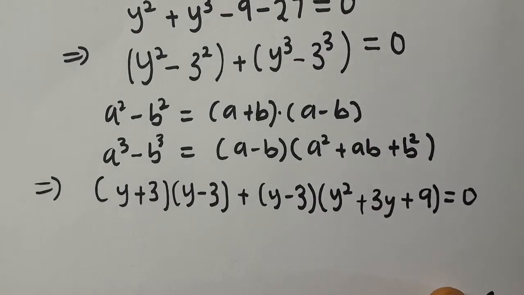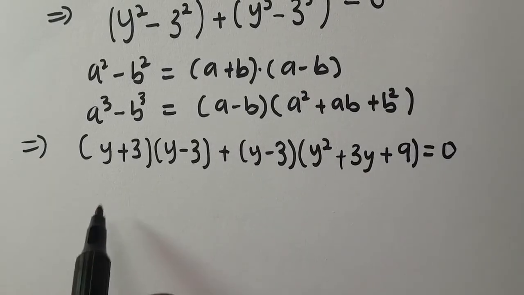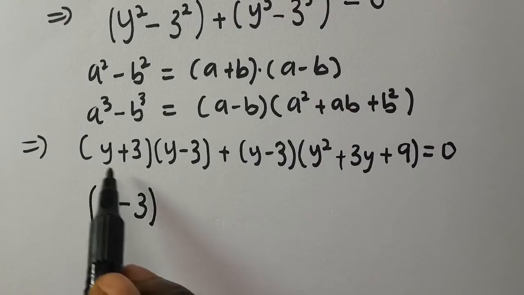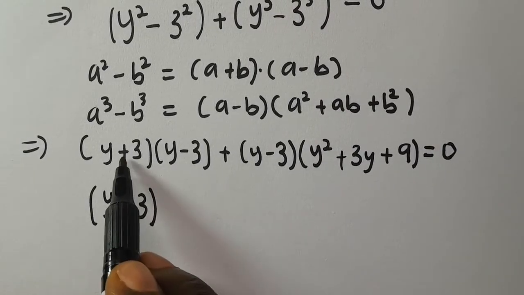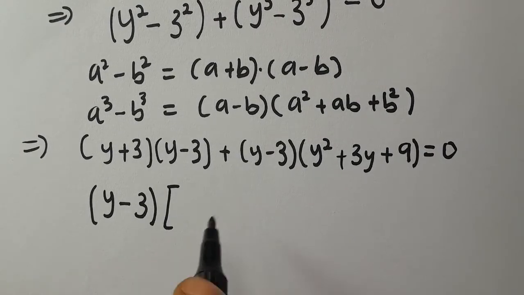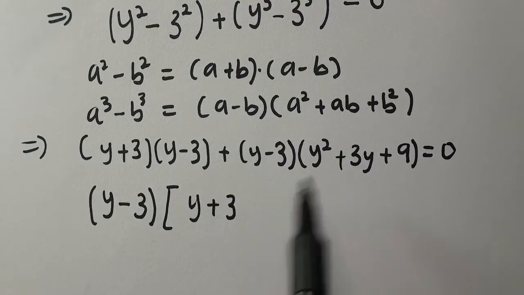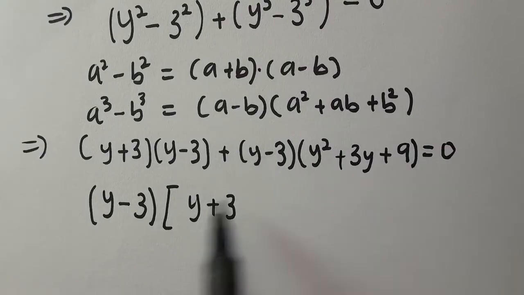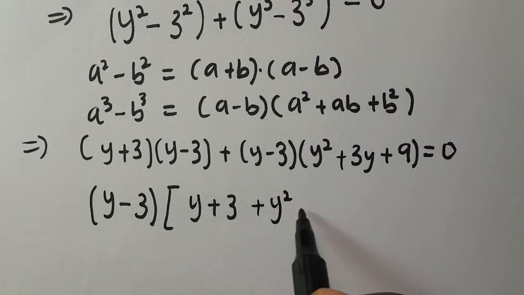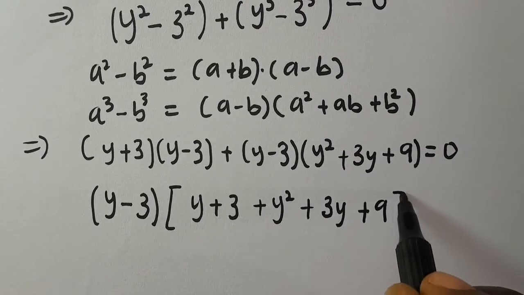Now, we can see that we have y minus 3, y minus 3. We can factor it out as y minus 3. Then the whole of this, y plus 3 multiplied by y minus 3, divided by this, we are going to have only y plus 3. Then likewise, the whole of this divided by this, we have only y squared plus 3y plus 9.